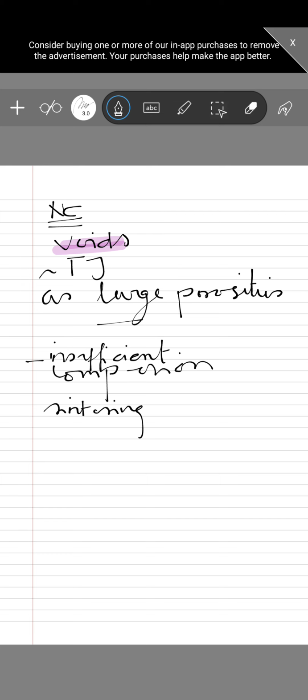If these two processes are not sufficient, there is a very high possibility of formation of voids.